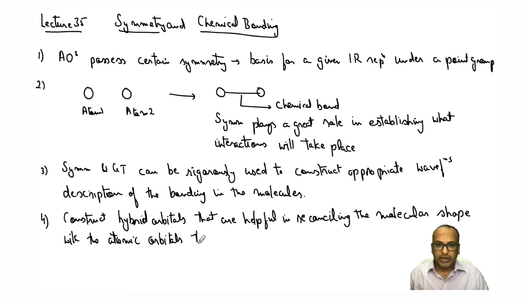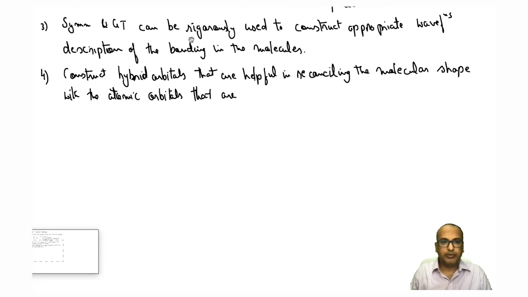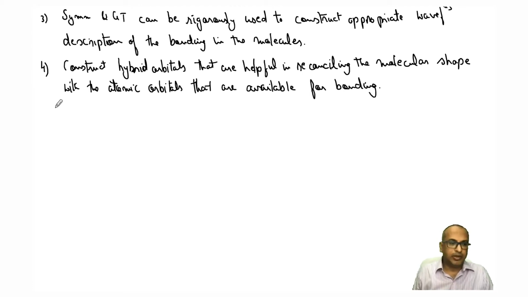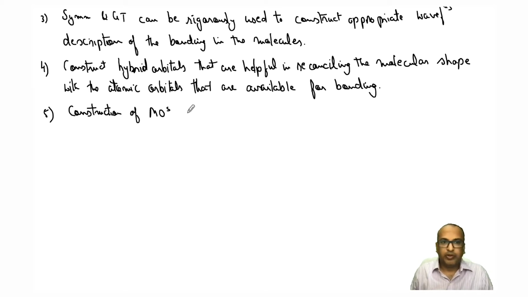These are hybrid orbitals that are available for bonding. We will also see the construction of molecular orbitals for the entire molecule; that will come later, but not in this lecture.